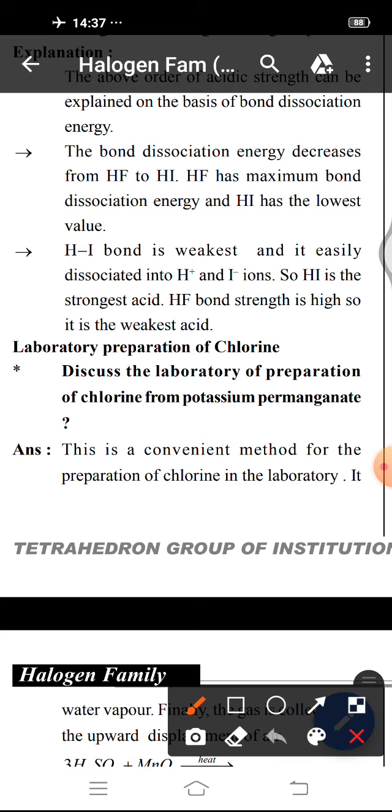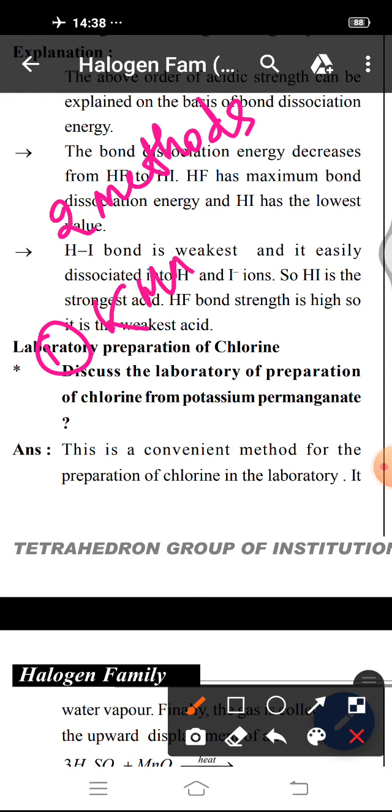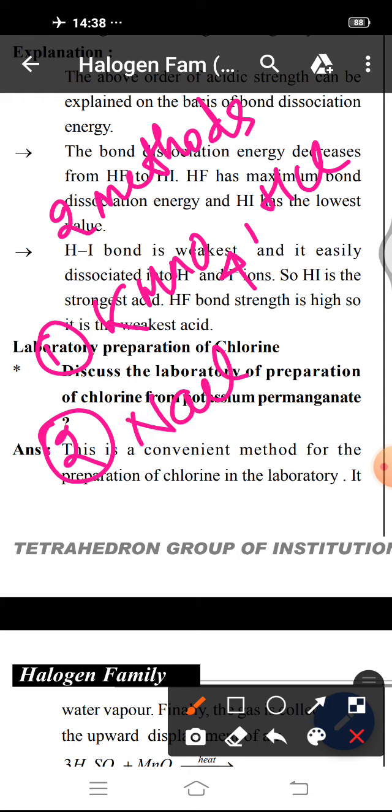In the laboratory, chlorine can be prepared by two methods, or from two reagents. One is from acidified potassium permanganate, that means by reaction of KMnO4 with HCl, and in the second method, the reaction of sodium chloride with manganese dioxide and H2SO4.